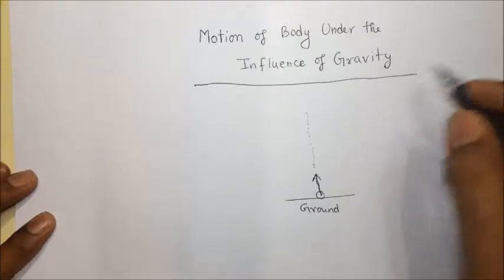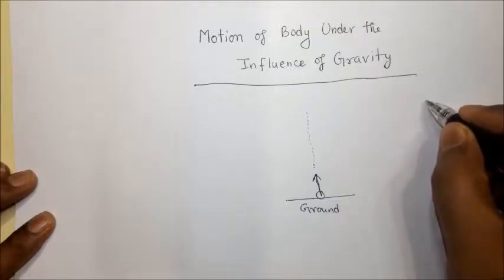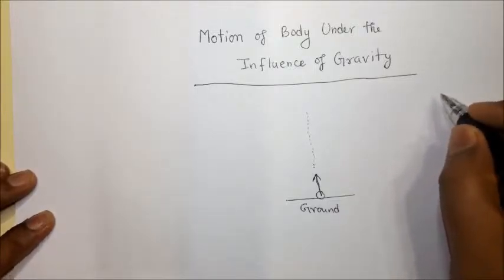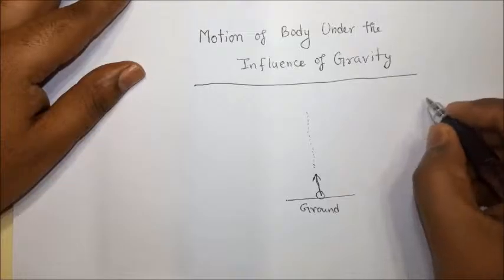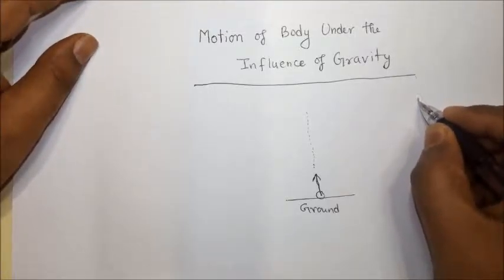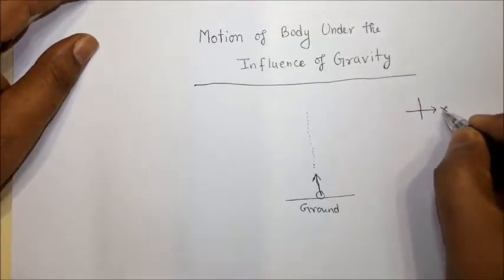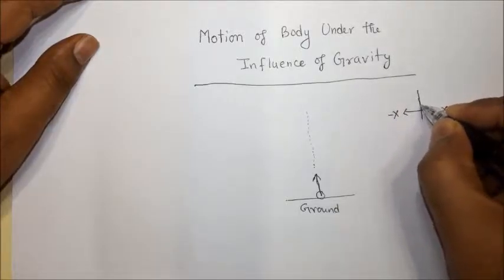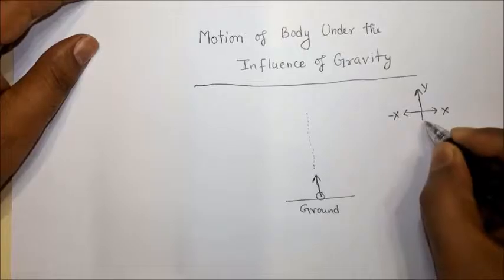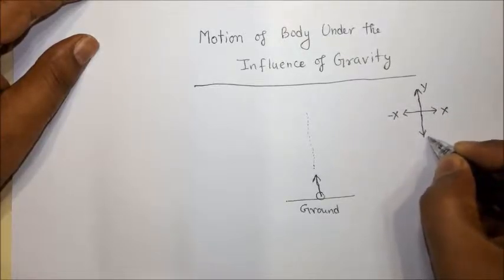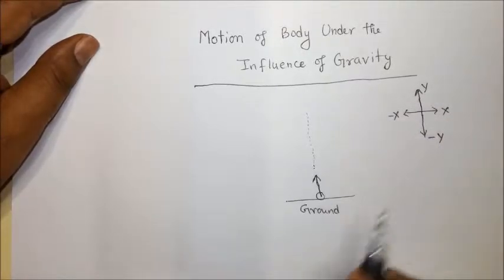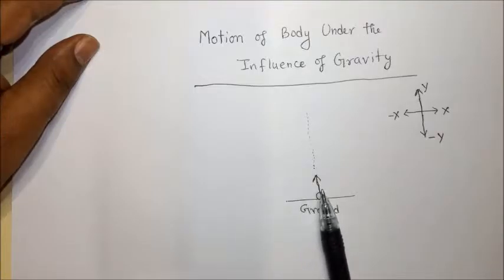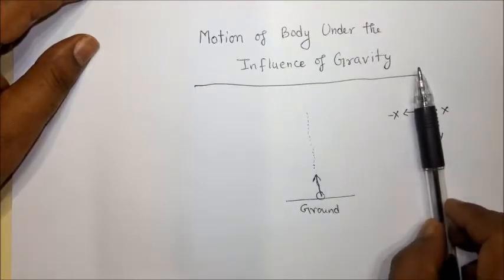You can say this is the y-axis, moving along the y-axis. So this is your x, this is your minus x, this is your y, this is your minus y. So if you throw something, it is moving upward, so it is going along the plus y-axis.